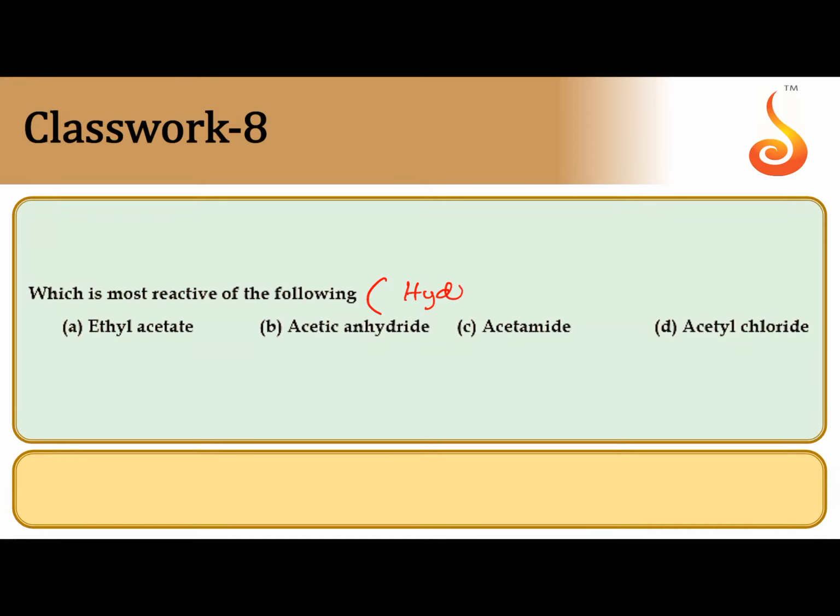Next, after that, anhydride. Anhydrides are more reactive than esters, then amides. So among these, acid halides are the highest reactive, then anhydrides. For the hydrolysis of these two, you need not use any catalyst. Moreover, for the hydrolysis of ester and amide, acid or base must be used as a catalyst. So that's why the answer is acetyl chloride.